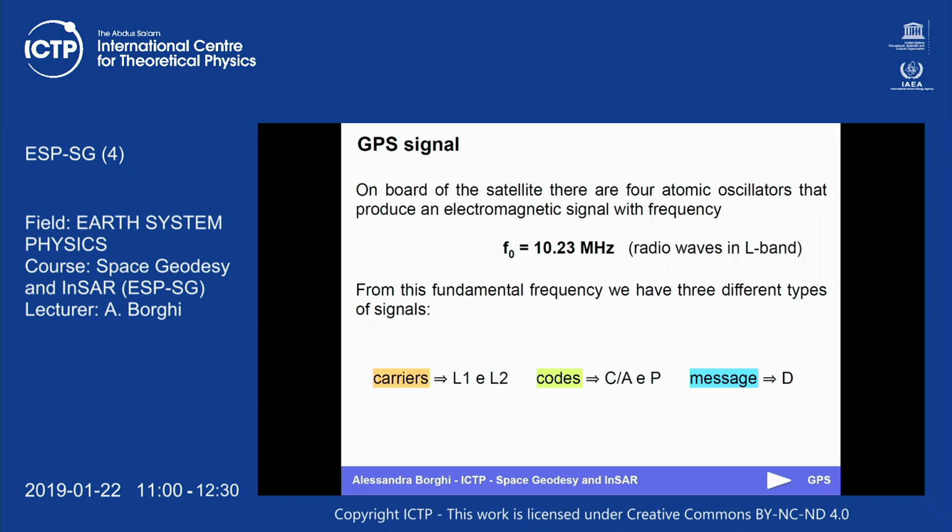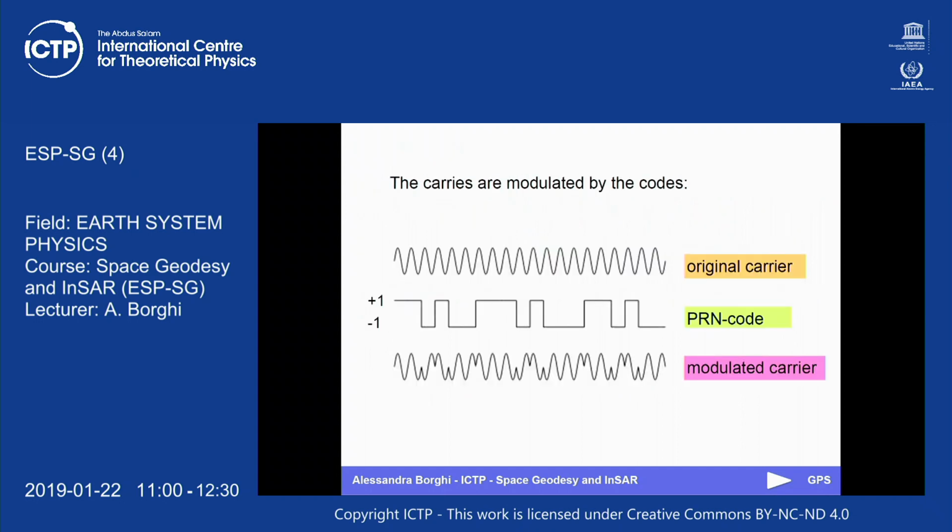Starting from this fundamental frequency, we have 3 types of signal. We have what we call the carrier signals, L1 and L2. We have codes, and we have the message. We are going to see what these are.